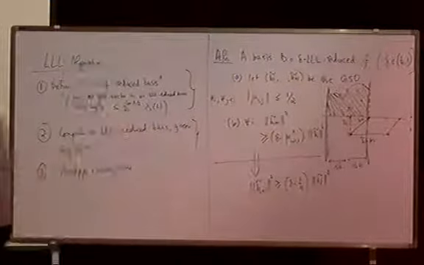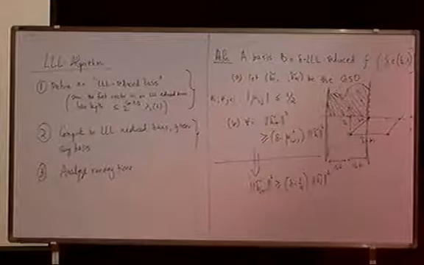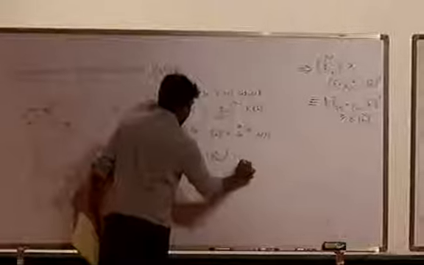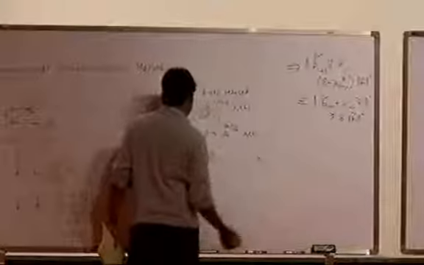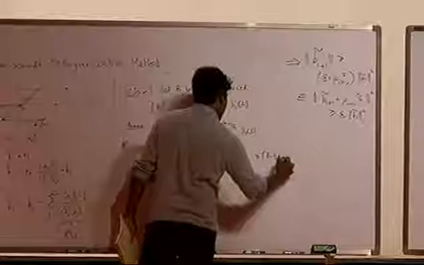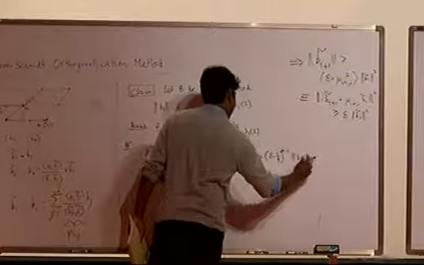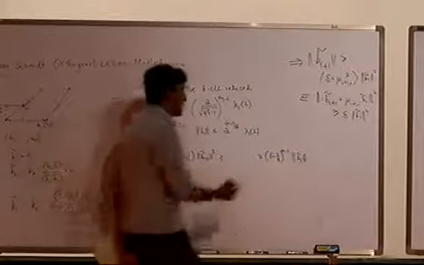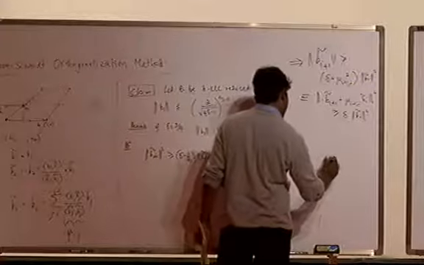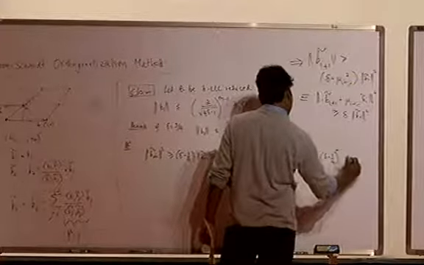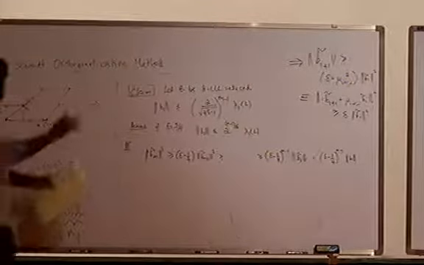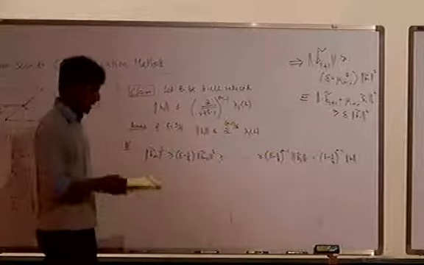So in other words, b_m tilde squared is at least (delta minus a quarter) times b_{m-1} tilde squared, and so on and so forth, until I get to (delta minus a quarter) to the m minus 1 times b1 tilde. And b1 tilde is equal to b1, so this is (delta minus a quarter) to the m minus 1 times the length of b1. This is straight from the definition of an LLL reduced basis.